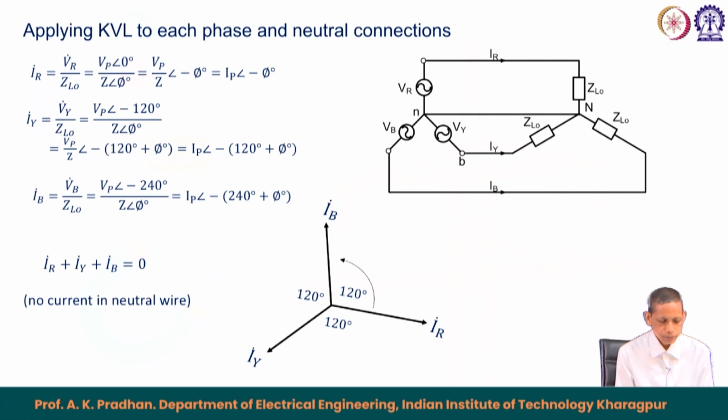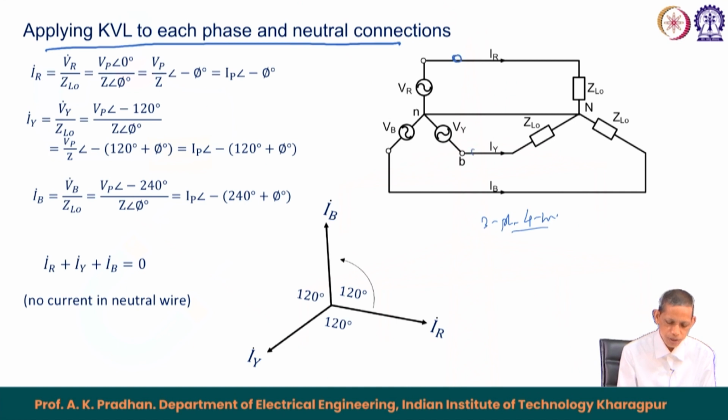Now, we will see how we can apply KVL to analyze the corresponding 3 phase load. Let us say a 3 phase load having a 3 phase 4 wire system, 3 phase conductors and this is the neutral wire.